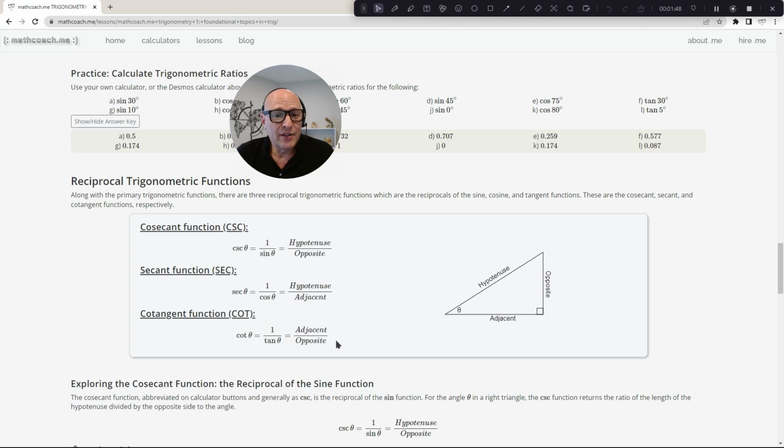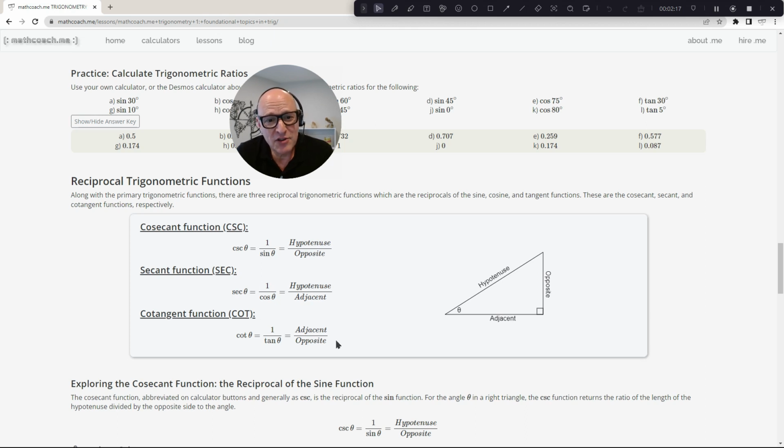So those are your 6 trig ratios, your 6 trig functions: sine, cosine, tangent, and their reciprocals, cosecant, secant, and cotangent. Basically, all of those functions, when given an angle, will return a pair of sides in a ratio format. It could be opposite over hypotenuse, hypotenuse over opposite.